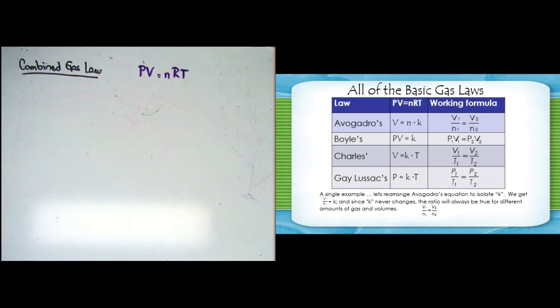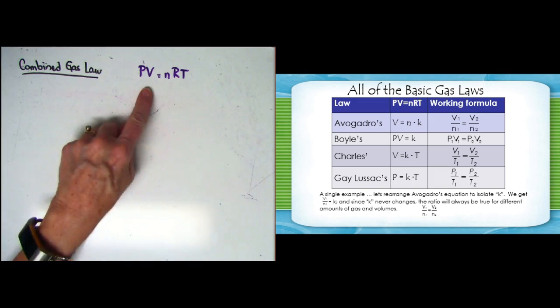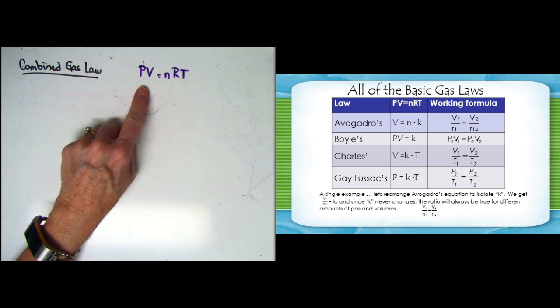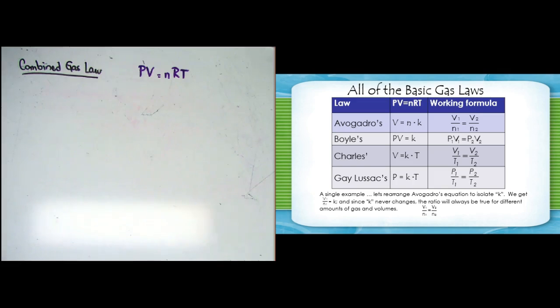If we were in class, what I would normally have you do is I would give you the ideal gas law, which you see right here, and then I would ask you to take the working formulas for each of these four and see if you could come up with a single formula that allows you to put everything together.